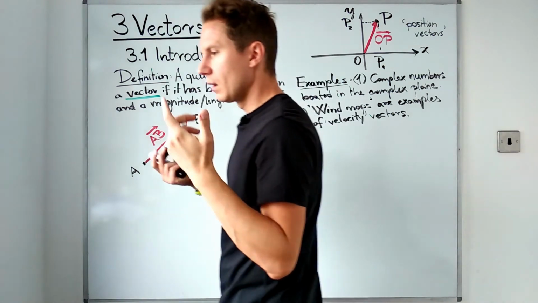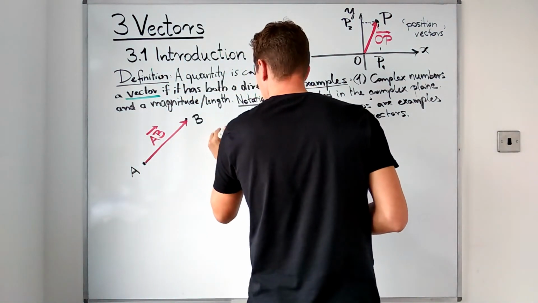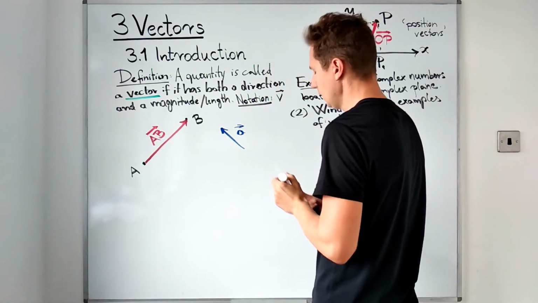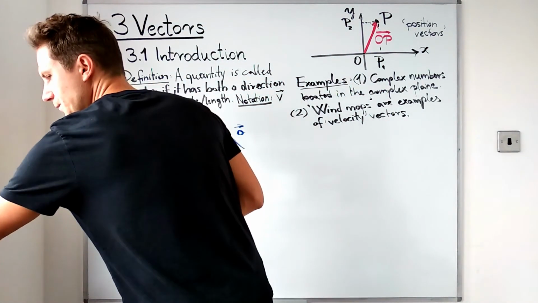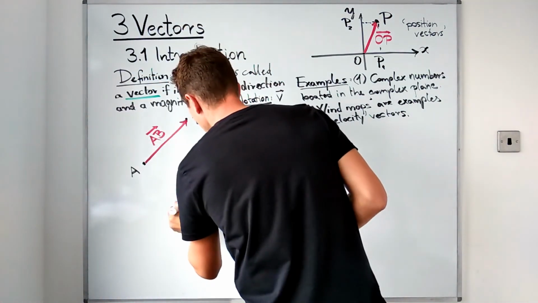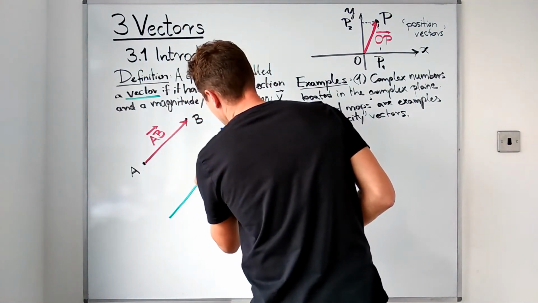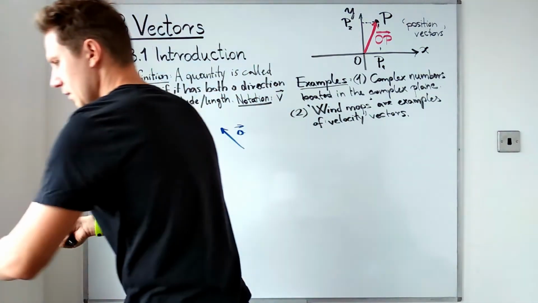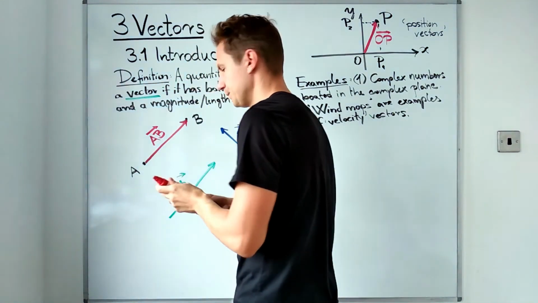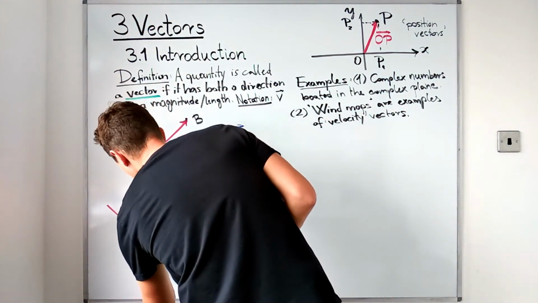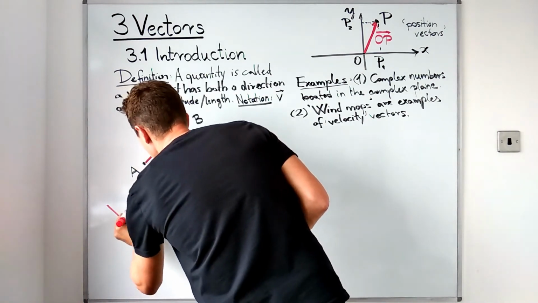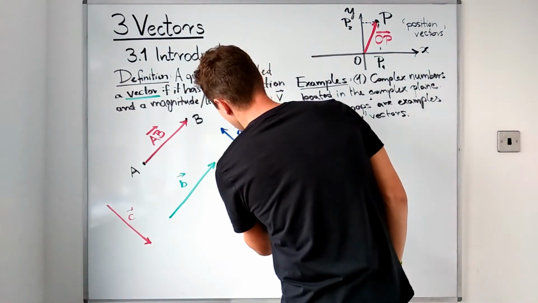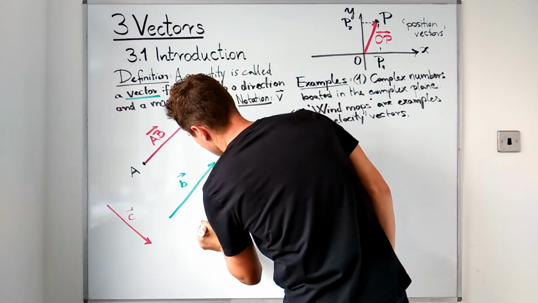So is it perhaps vector A that is equal to vector AB, or is it vector B, maybe vector C, or could it be the next one I'm drawing, vector D?